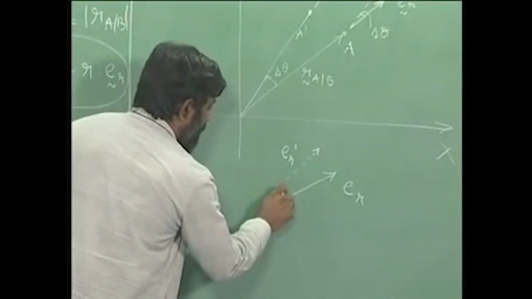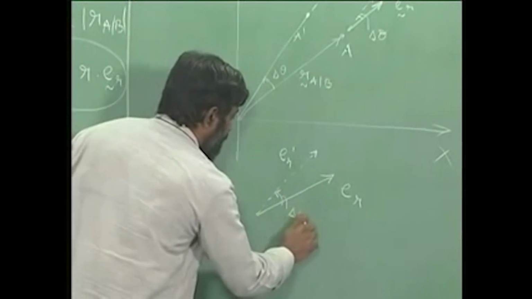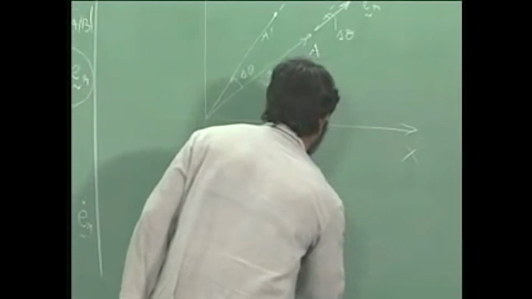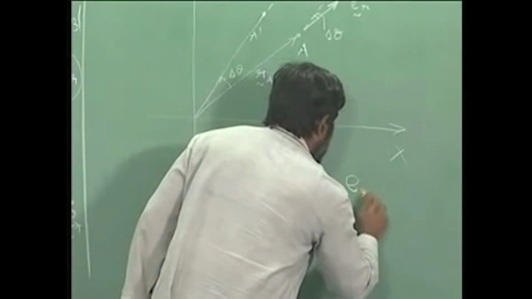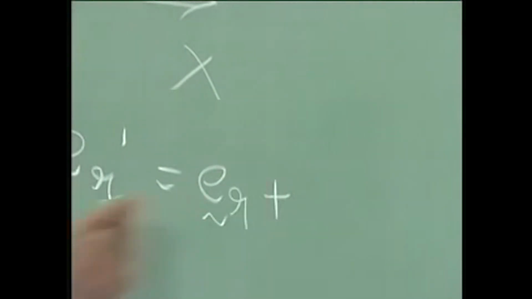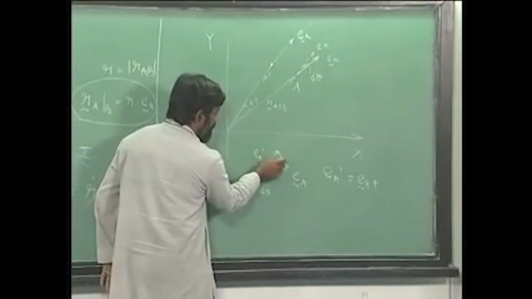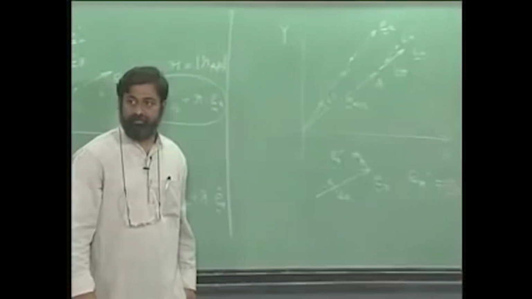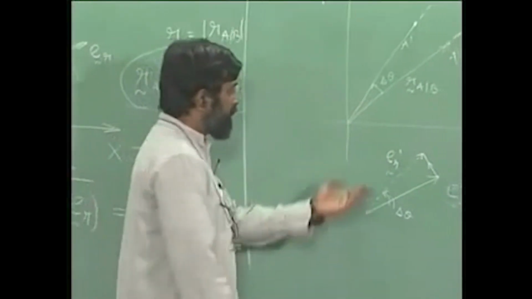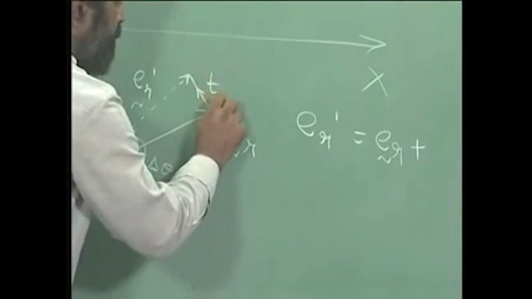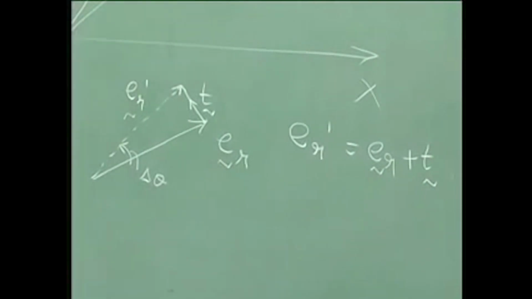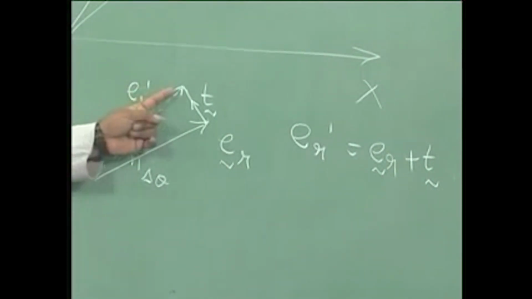The angle that it has gone through is delta theta. ER prime is nothing but ER plus a vector that joins this. You agree with me? ER plus a vector that joins this. Okay, so let me just take this vector as T. Do I know the length of this vector?